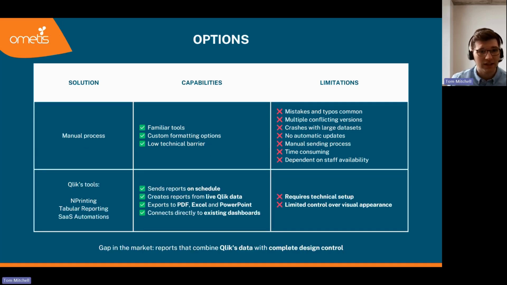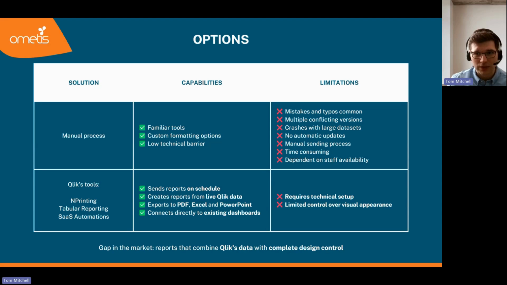But what we really need is automation, something that frees up our time so that we can focus on adding value. So instead of spending hours on manual reporting, we could be analyzing data and uncovering insights. But the good news is that Qlik already offers a suite of tools to help us with this.